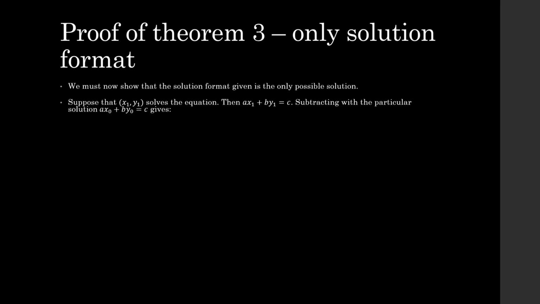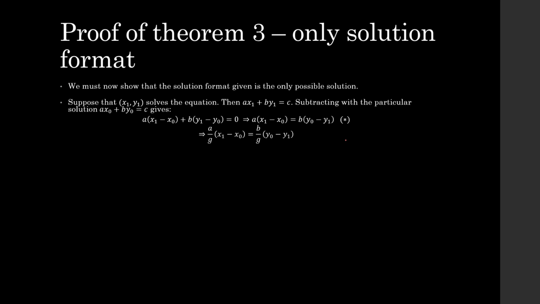So if we subtract the particular solution, ax0 plus by0, that defines all our solutions, by subtracting these two equations, we've got a times x1 minus x0, which is factored here, plus b times y1 minus y0 is equal to 0. And if I rearrange, I can subtract b times y1 minus y0 to the other side, and that gives me b times y0 minus y1. Note that these have switched positions because I've subtracted this from the whole equation. I'm just going to mark off this equation with a little star so I can refer to it afterwards.